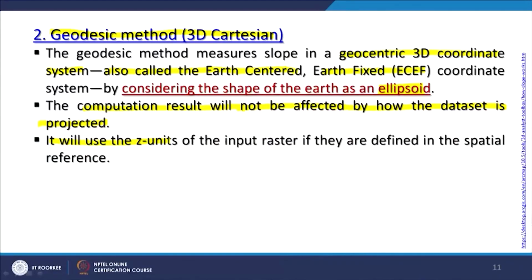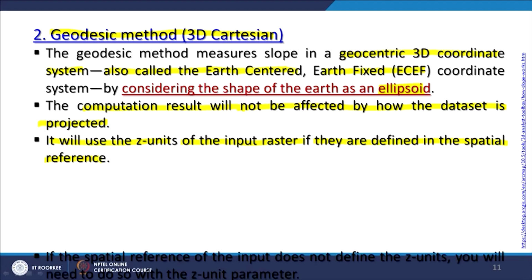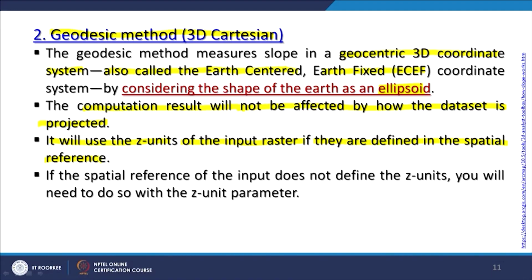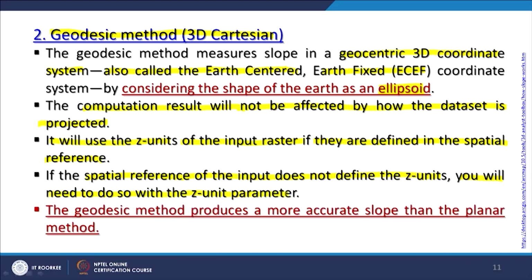It will use the Z units of the input raster, that is the cell values, if they are defined by the spatial reference, meaning they are georeferenced, which generally they are. If the spatial reference of the input does not define the Z units, one has to provide that Z unit parameter. So, the geodesic method will produce a more accurate slope than the planar method.